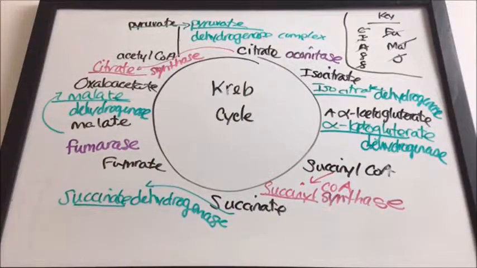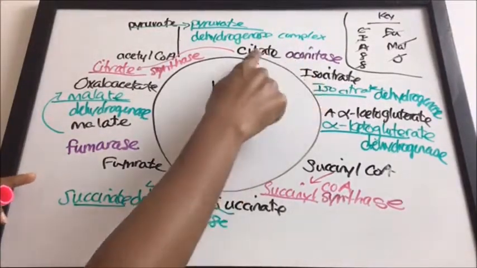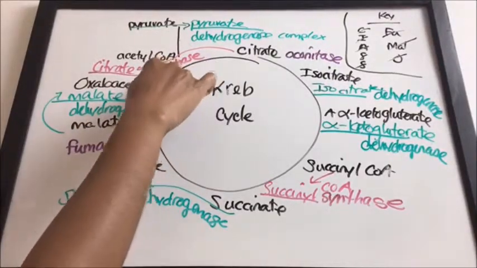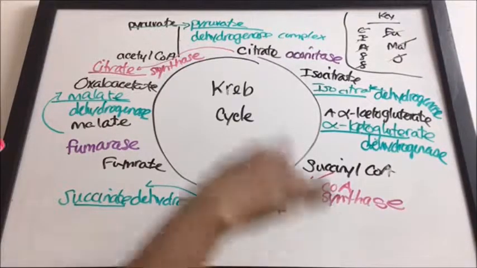All right, and these are all of your enzymes. So again, what you have to do is pull out the ones that are not dehydrogenases, fumarase and aconitase. Then you do the synthases, citrate synthase and succinyl-CoA synthase. Now the rest of them are dehydrogenases.